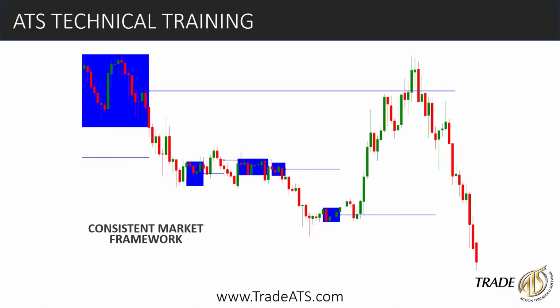Boxes, because they're that point of control, because they're the balance point of the market maker's book of business, and the market makers ultimately control the floodgates of liquidity with how they manage that book of business, these sensitive levels create that consistent market framework for our analysis and for us to form our understanding of where price is headed in the future.